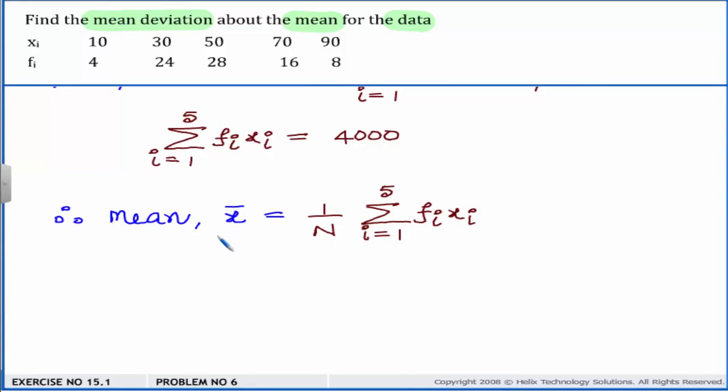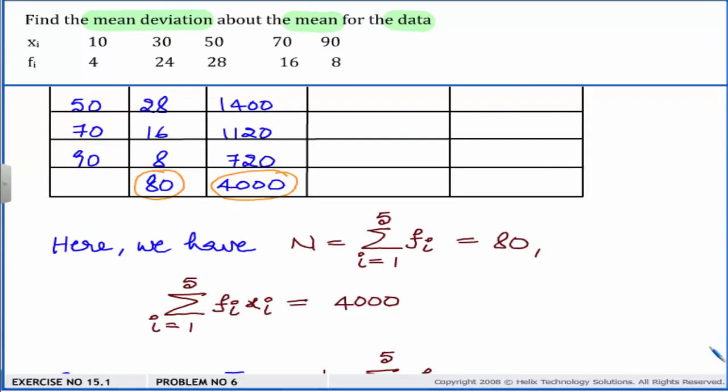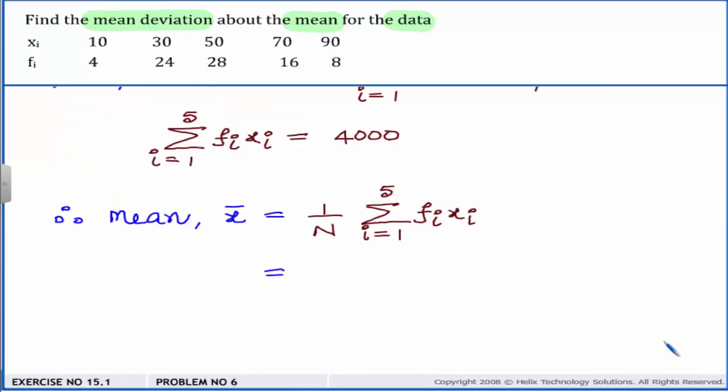Therefore, mean is equal to x bar is equal to 1 by n into summation fi into xi, where i is equal to 1 to 5, since we have 5 observations here. So this is equal to, the value of n is 80, so this will be 1 by 80 into the value of summation of fi into xi, which is 4000.